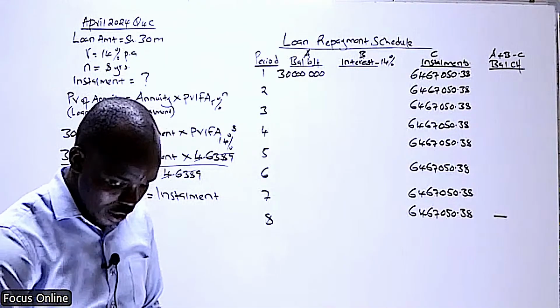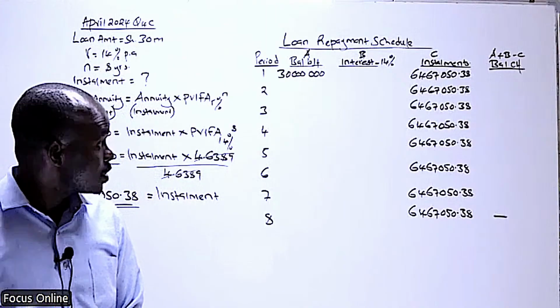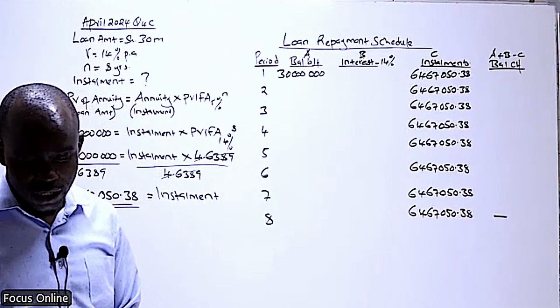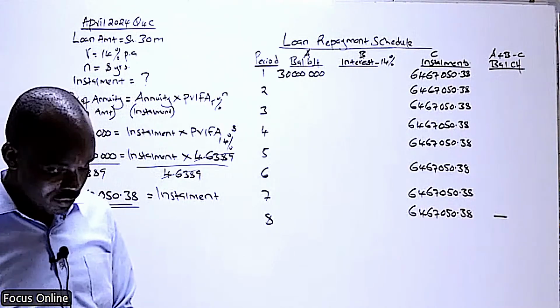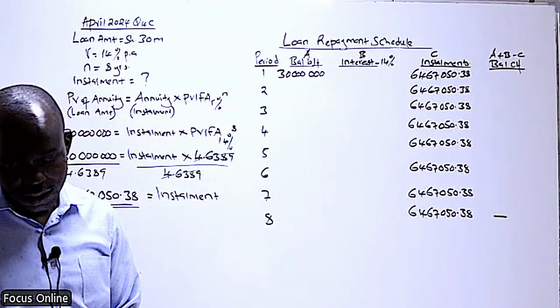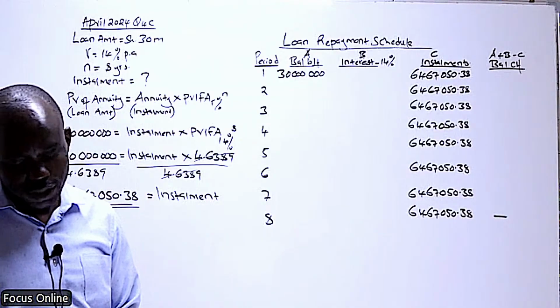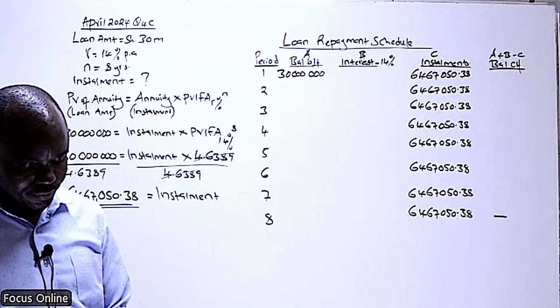So for period 1, we are charging interest on 30 million. Charge 14% of that, which is 4.2 million.